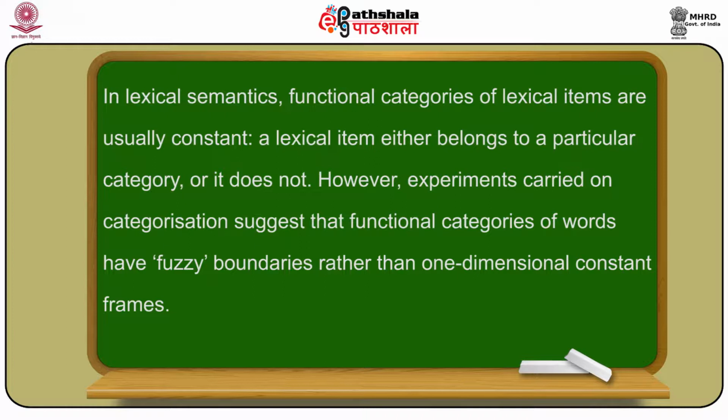But when we refer to the corpus, we find that that kind of one-dimensional categorization does not actually work. A word, in two different sentences, can be an adverb, an adjective, a noun, or a verb. So this is a kind of uniqueness which we could find out.